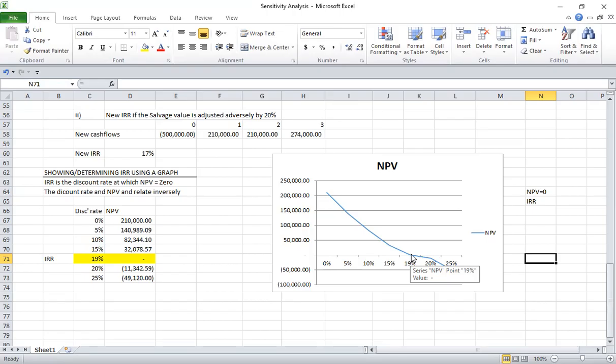So at that point, if you put your cursor, it will show you approximately 19%. And so, gentlemen, that is how you show the internal rate of return on a graph. That's how you do it.